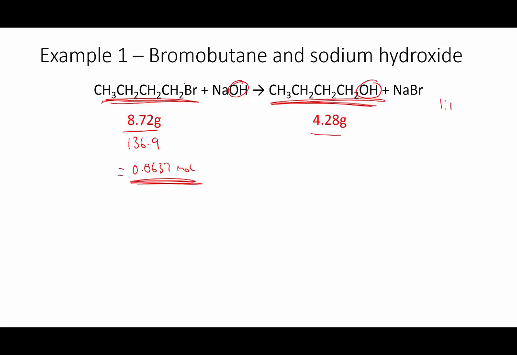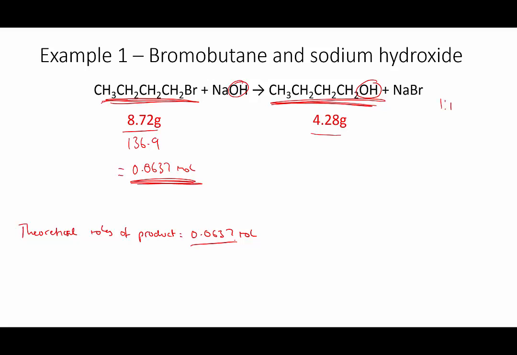Therefore, the theoretical moles of product is going to equal 0.0637 also.